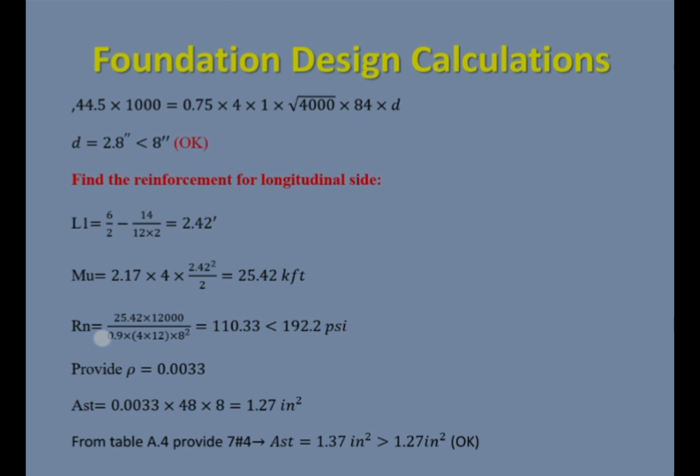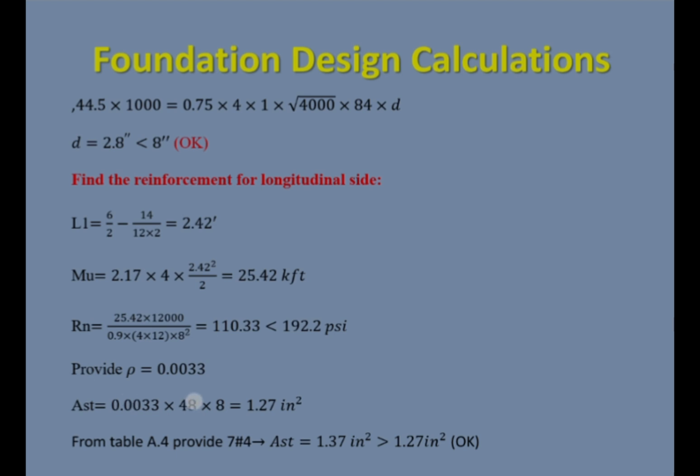From the moment we can calculate Rn, which is 0.33, which is less than 192.2. Therefore we take the minimum ratio of reinforcement. After that we need to find the area of reinforcement.